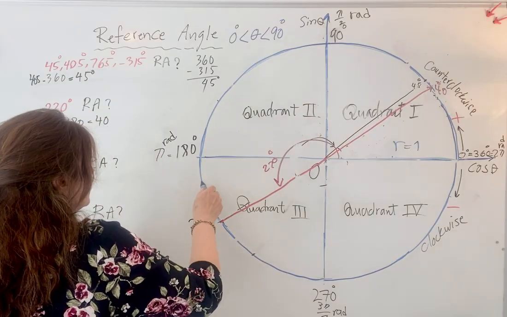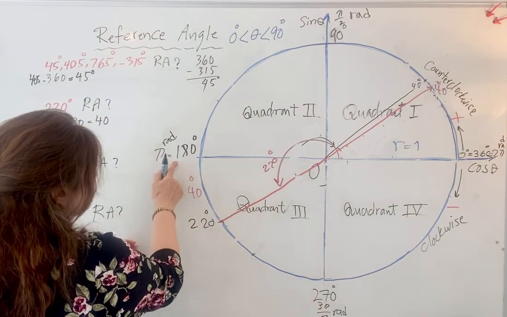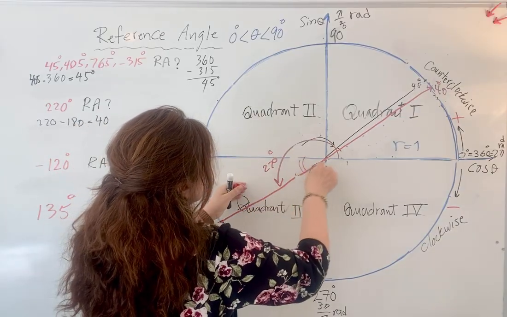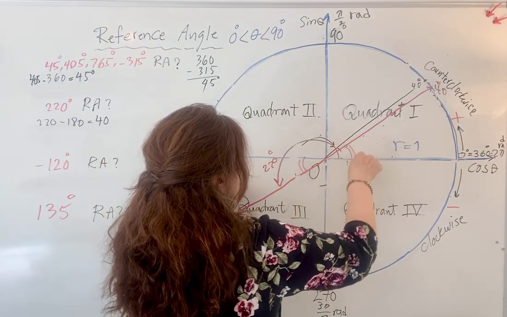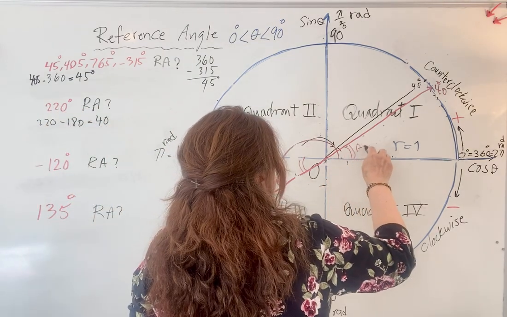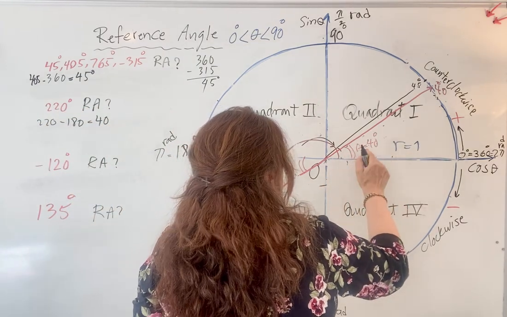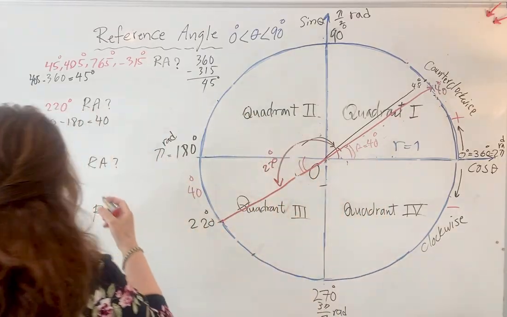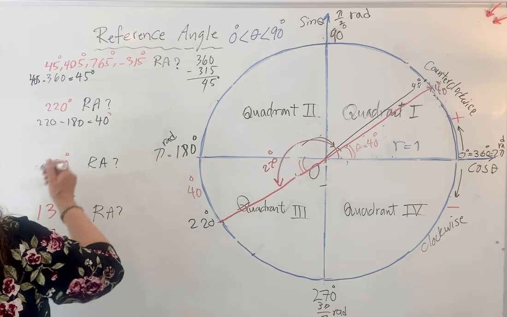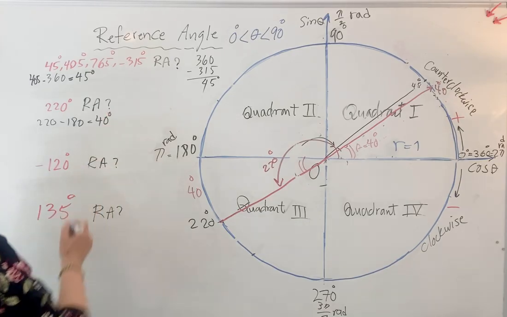Why? Because this is 40 degrees, the difference of 180 to this one. And we know that this angle is equal to the opposite side of the angle. This is 40 degrees. Okay, theta is 40 degrees here. So 40 degrees here is the reference angle of 220. Yes? Good.